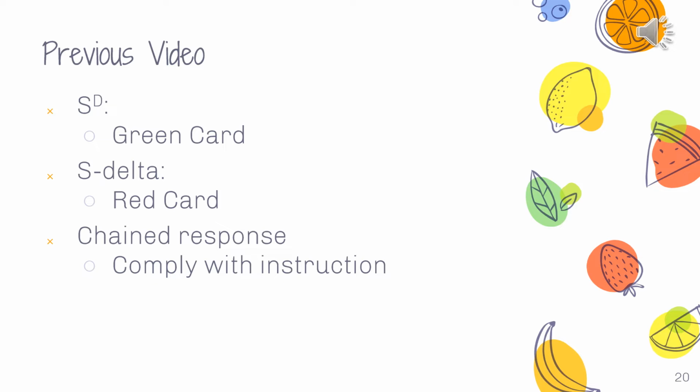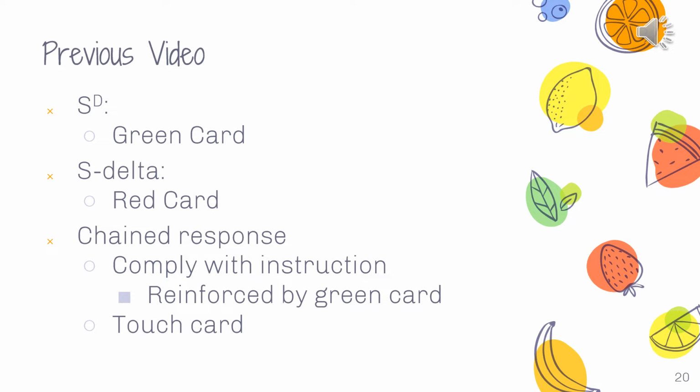Compliance is then reinforced by the card being switched to green, which the student can then touch the card on the table to demand for a break from the work. Here, the green card would be considered a dual functioning chain stimulus. It reinforces the response that precedes it, which is the compliance, and is an SD for the following response, which would be touching the card on the table.